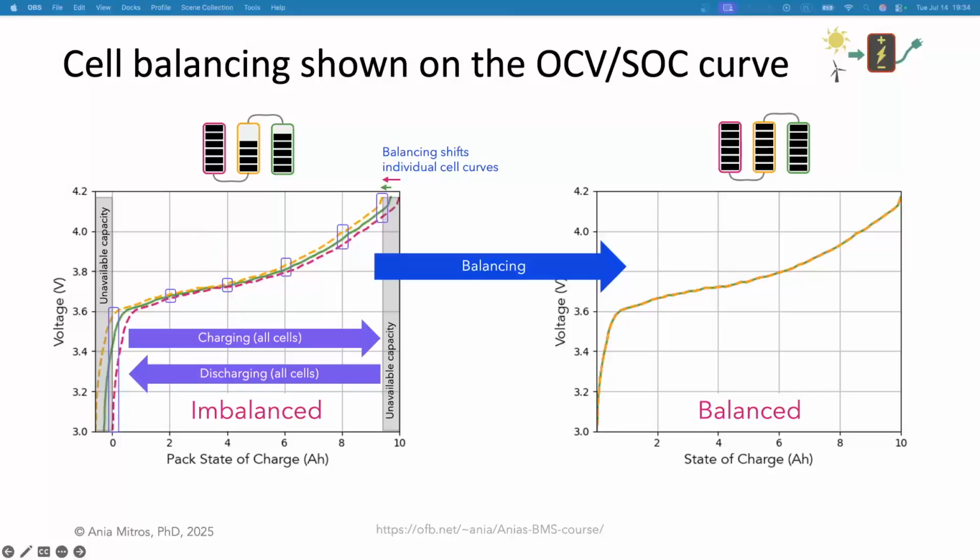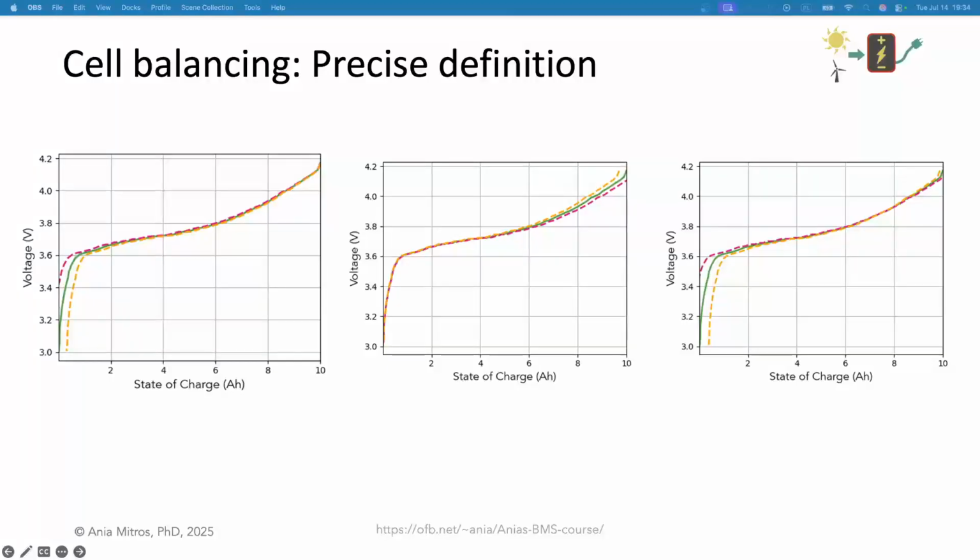As you can see in the right figure, in a balanced battery pack consisting of cells with equal capacity and identical chemistry, the curves align. In most packs, cell capacities are not exactly equal, either due to manufacturing variations or due to unequal aging. Consider what balancing looks like with cells of unequal capacity.